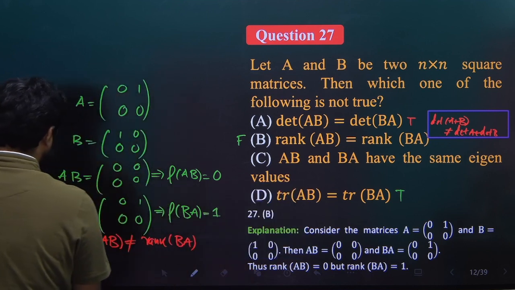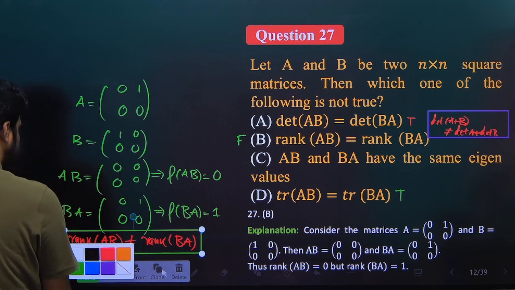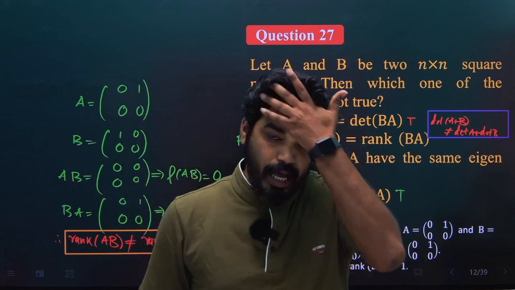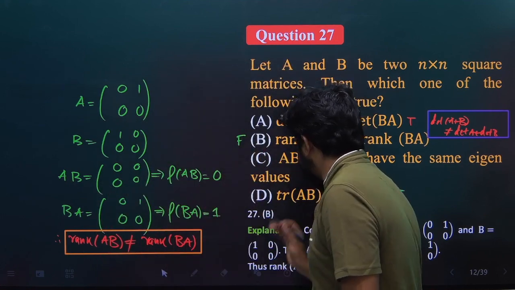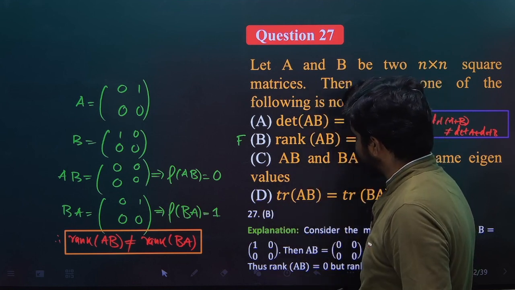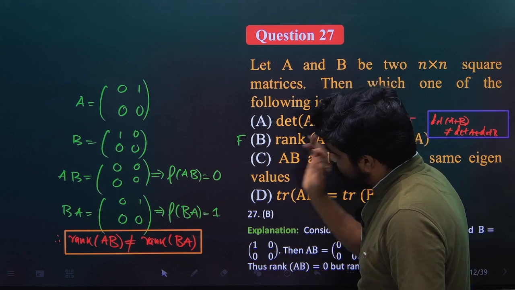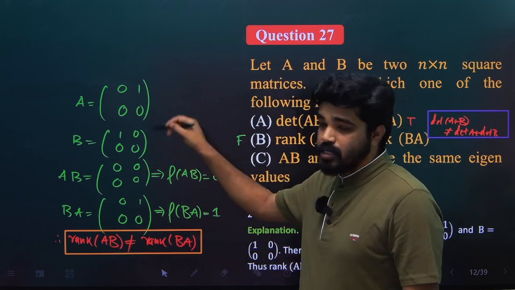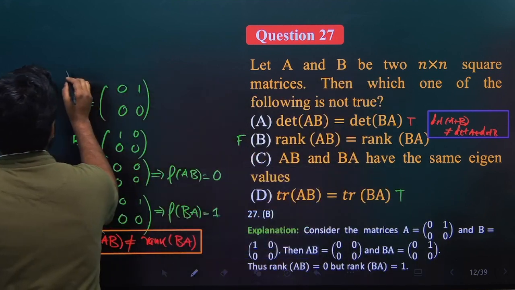It is a very important property. Rank of AB is not equal to rank of BA, but determinant of AB is equal to determinant of BA, trace of AB is equal to trace of BA, and AB and BA have the same eigenvalues. We consider this example.